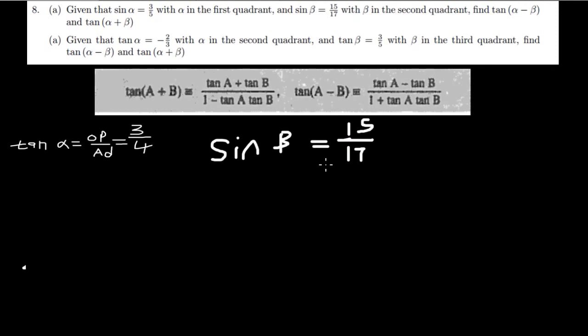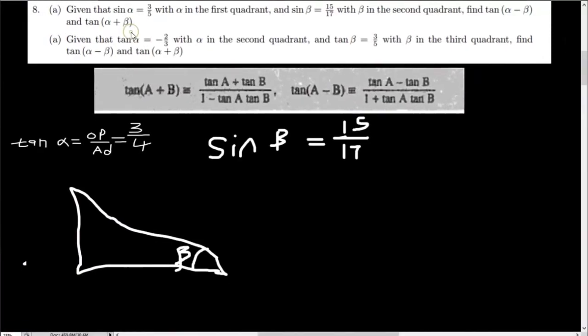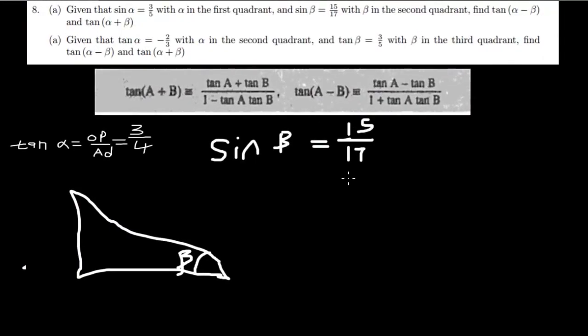What do they mean? We go back to the same triangle. A triangle which is in the second quadrant looks like this. If this is my beta, then my opposite, according to sine, we know that sine is equal to opposite over hypotenuse.